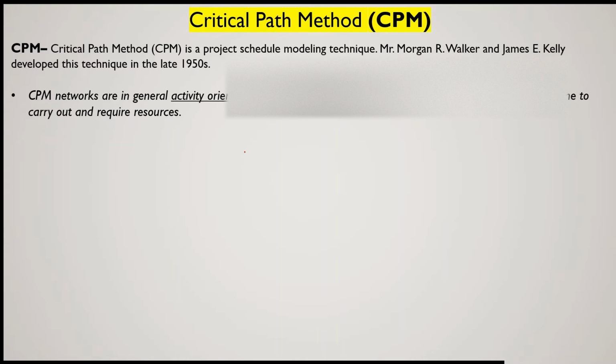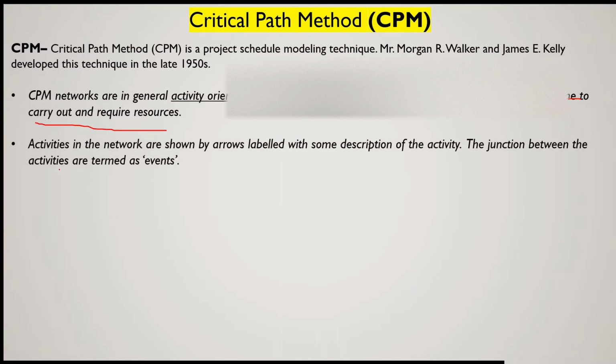So CPM network is an activity oriented network, and activities are jobs or operations in a project. An important thing is that an activity takes time to carry out and requires some resources.